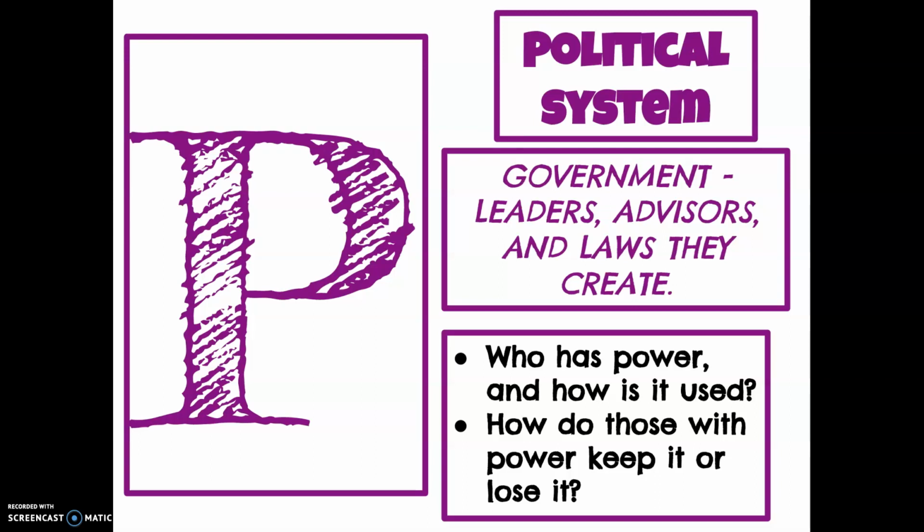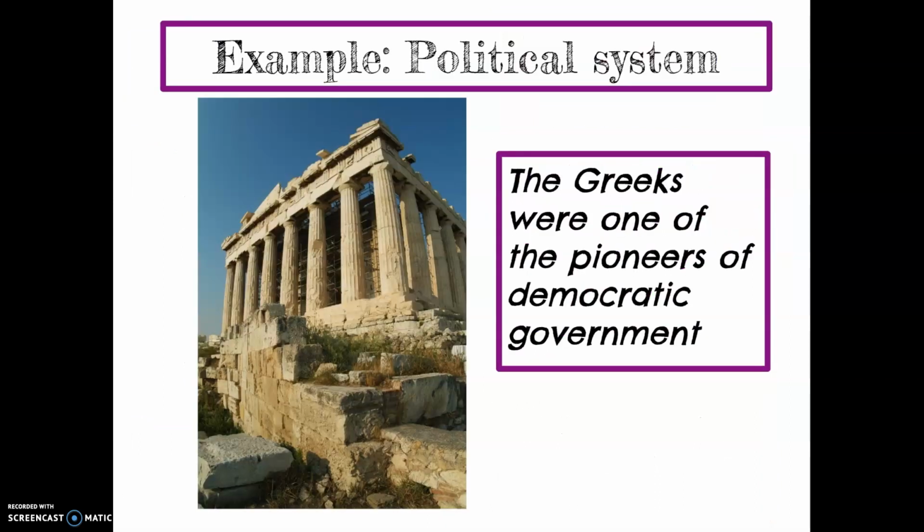So we'll be looking at different political systems throughout this year, as well as in your future years. One example that I thought would be the best is that we were actually not the first country to use a democratic society. Actually, the Greeks were the pioneers of a democratic government.